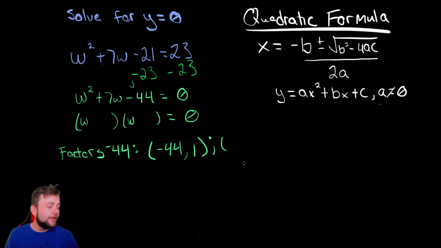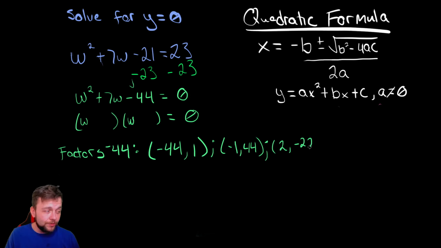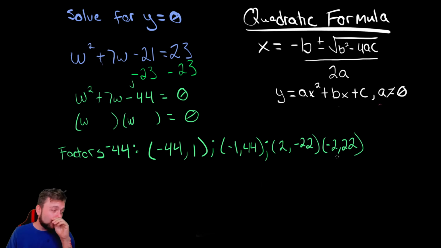And then we have our, I'm trying to write this where it's not horribly all over the place. And then we will get the negative 1 and 44. And then we will have 2 and negative 22. 2 and negative 2 and positive 22. And then 3, does 3 go into 44?